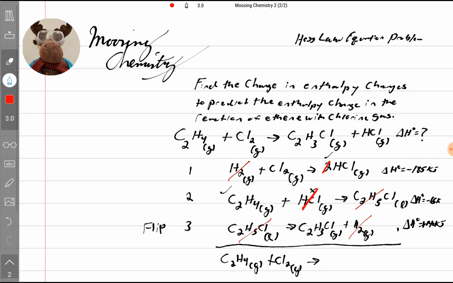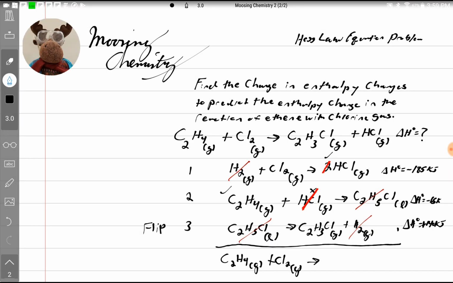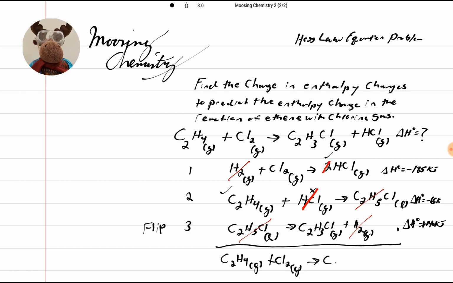Now let's go back to our other color. So now that's going to give us C2H3Cl gas plus HCl gas. Wow, hey, that worked out well.